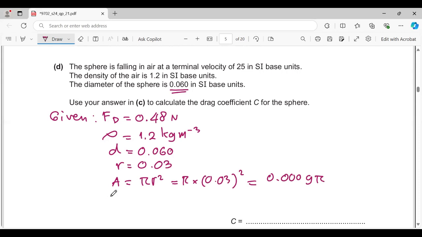Meanwhile, for v squared, 25 squared meter squared per second squared, since velocity is 25 meter per second.